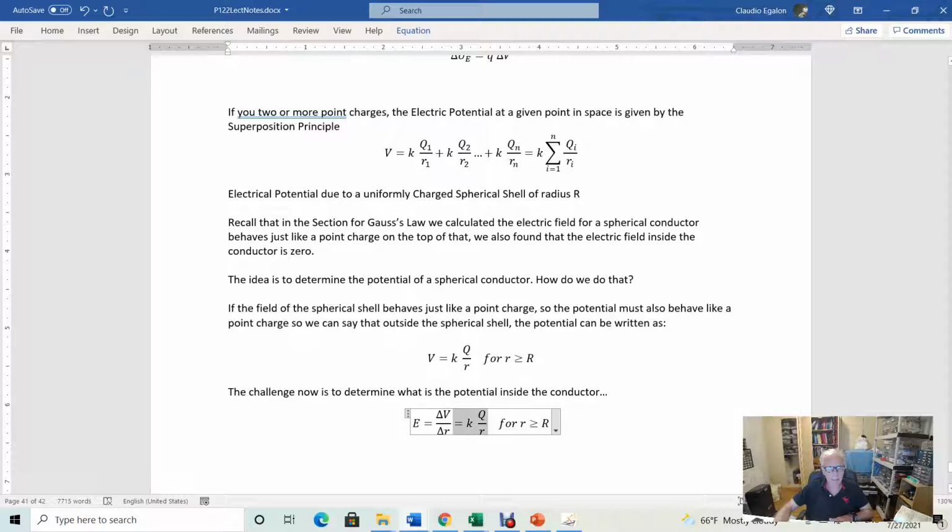Okay, that's how the electric field relates to the electric potential. So if the field is 0, and by the way, that's not in the book, then delta V must be 0 as well.